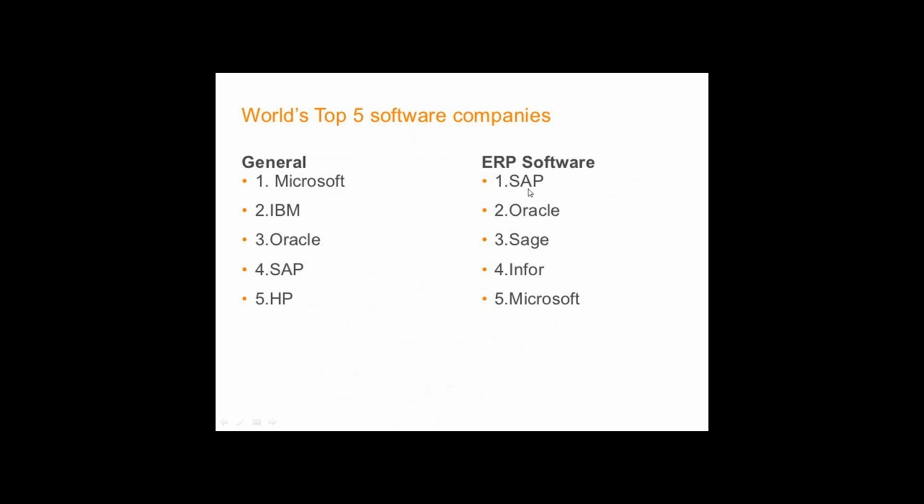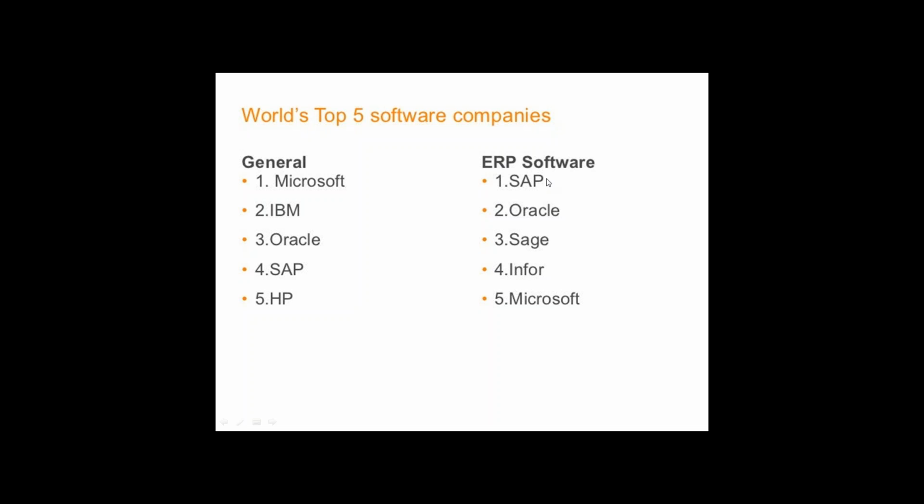So in ERP we have a number of softwares. ERP is a broad word which includes softwares called SAP, Oracle, Sage, Infor, Microsoft. In this, SAP is always on top from the past few years.